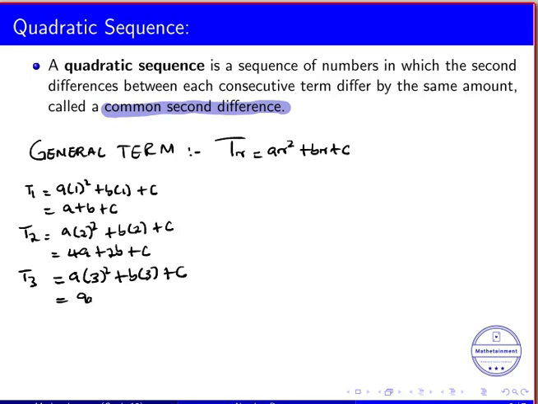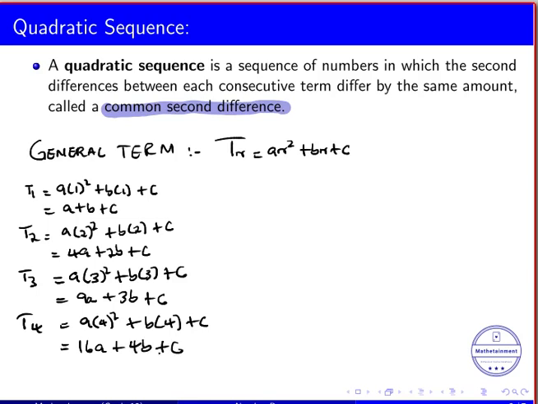And my term number 4 is a times 4 squared plus b times 4 plus c. This one is equal to 16a + 4b + c. So I said I'll be working with 4 terms.